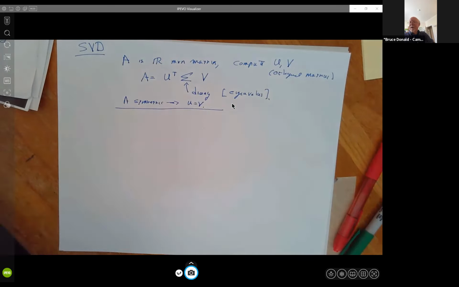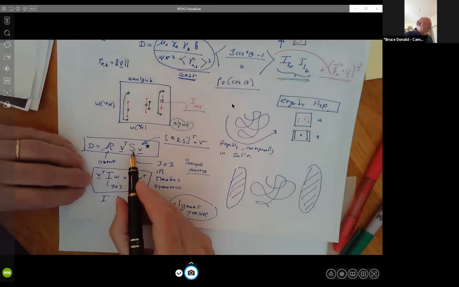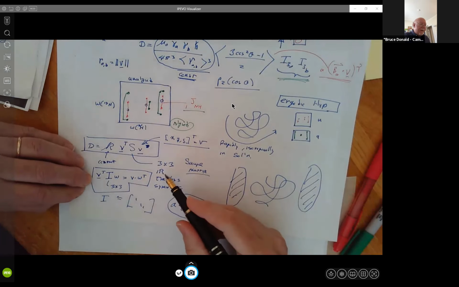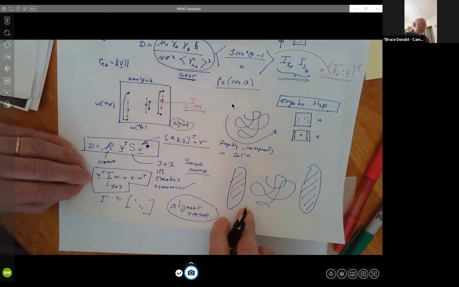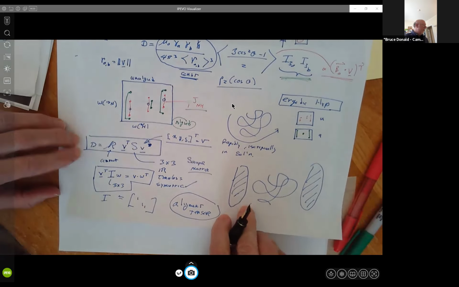So if we look back at our situation here, we have this matrix here. It's 3 by 3, it's real valued, it's traceless, it's symmetric. That's what we're going to use here. Certainly it's real valued. So we can just decompose this in a very nice way using SVD.